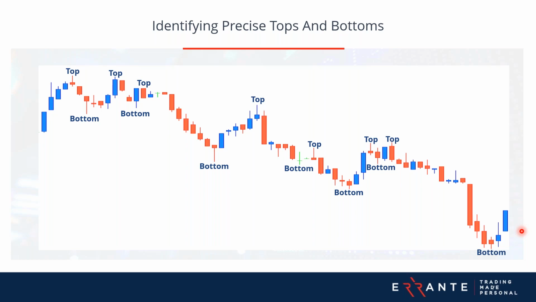And similarly, the bottoms are identified by a single candle with a long lower wick or a group of candles where the final candle's low stands unbreached by following price movements. So this chart exemplifies how traders can use these identifications in real time to make informed decisions about entry and exit points.